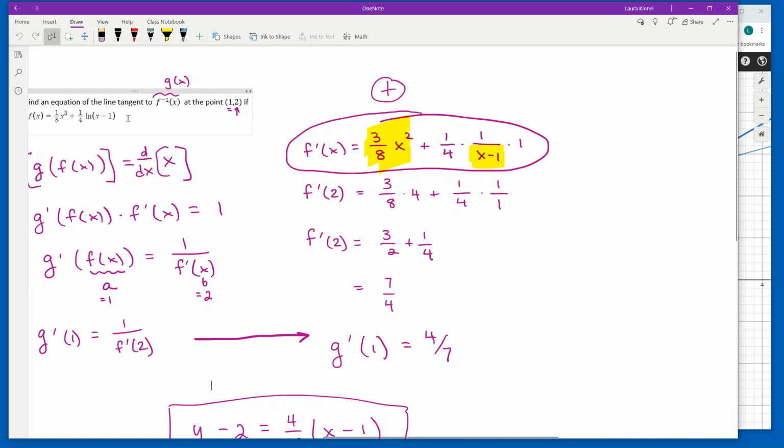So this term is also positive for all x in the domain of f.